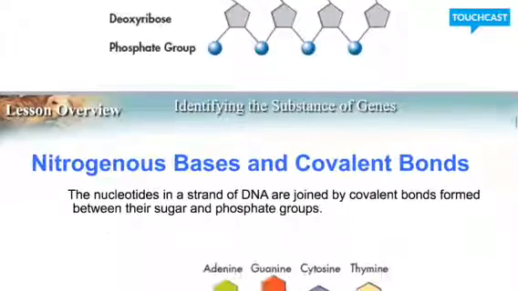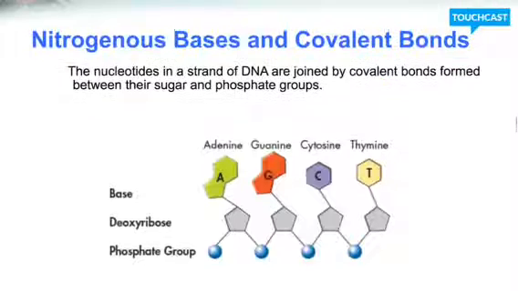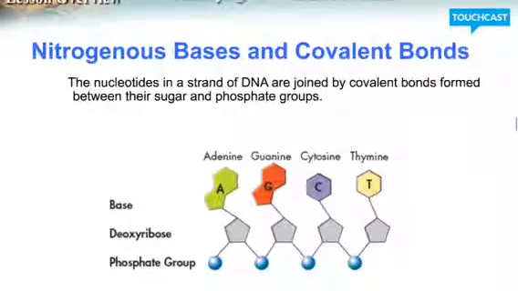Now, what you need to know about the nitrogenous bases is that adenine and thymine can be attracted to each other, and guanine and cytosine can be attracted to each other. That's how we have a double strand of DNA. Also, let me remind you, the sugar and the phosphate groups of the nucleotides in the DNA are joined together by covalent bonding, not hydrogen bonding. We'll get to the hydrogen bonding later.